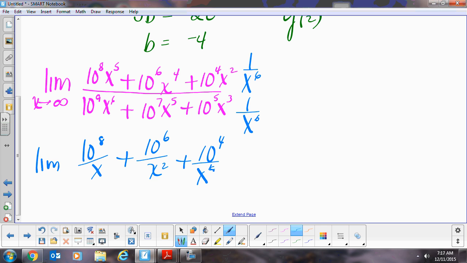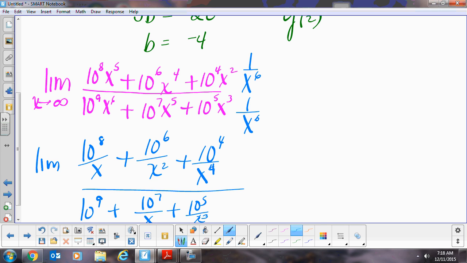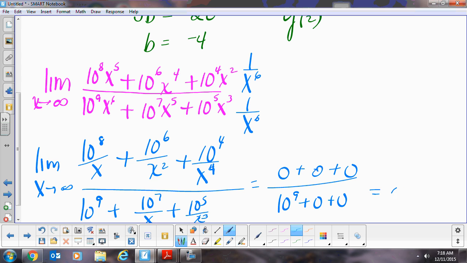And the denominator is going to be 10 to the 9th plus 10 to the 7th over x plus 10 to the 5th over x cubed. And as we go to infinity, this becomes 0 plus 0 plus 0 over 10 to the 9th plus 0 plus 0, which is just 0. All right, so that was number 5.